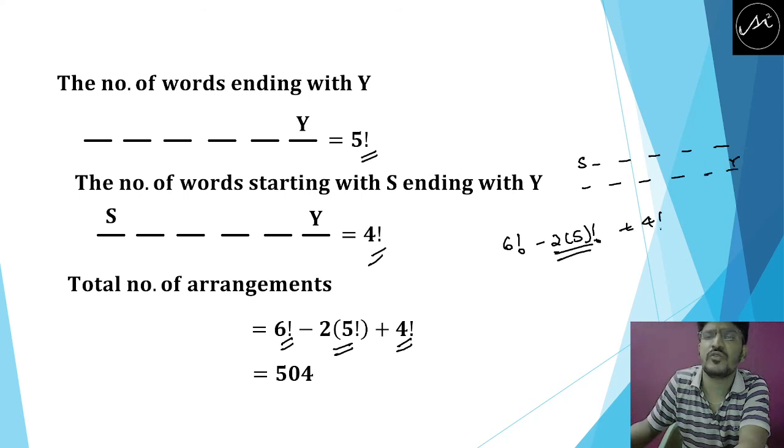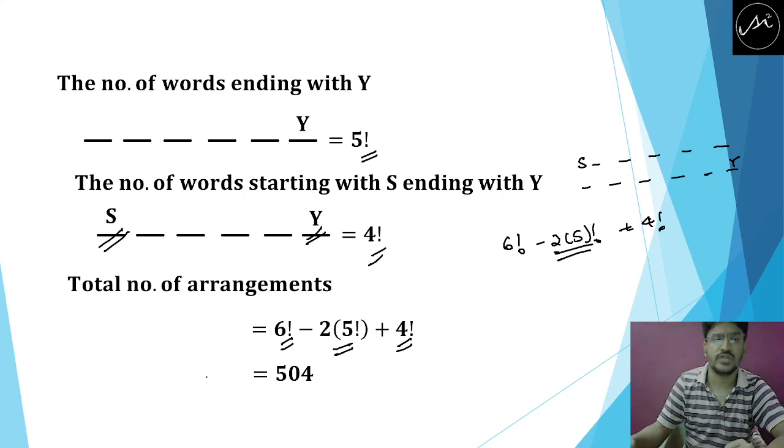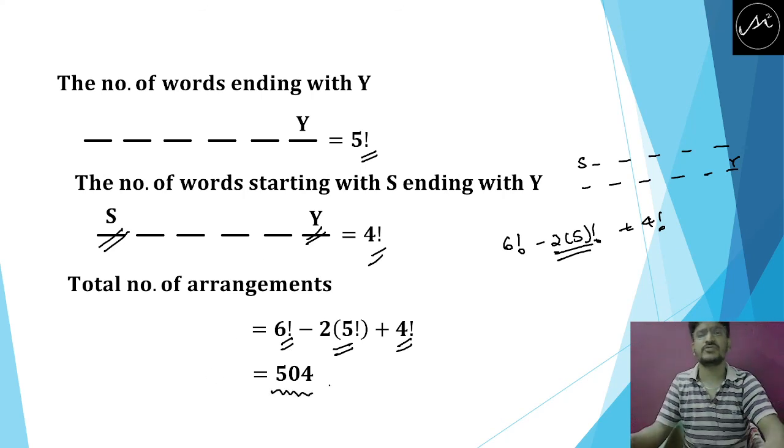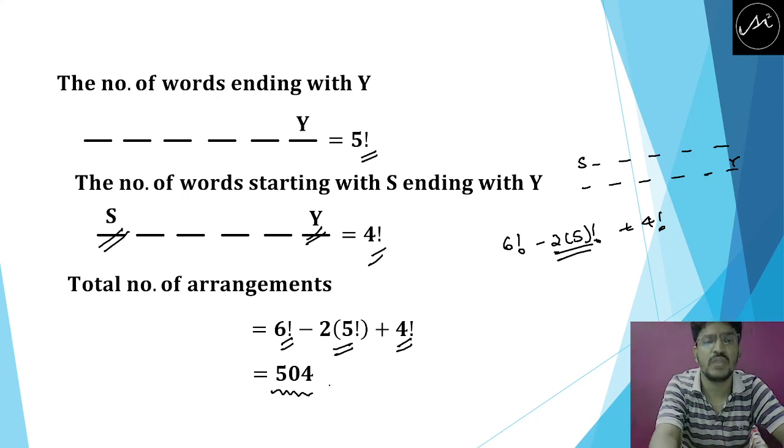And plus 4 factorial, where S and Y are in the first place and the last place. So by using this we get 504, that means 504 is the total number of arrangements. Clear? So 504 is the right answer.